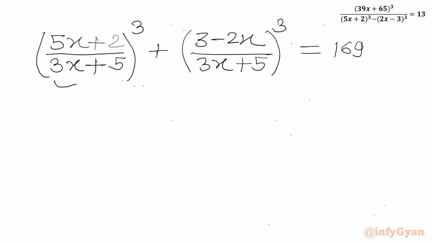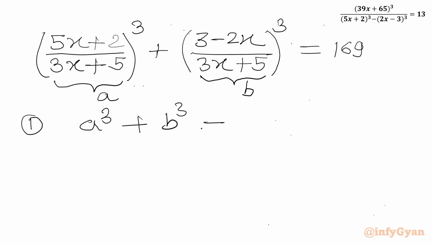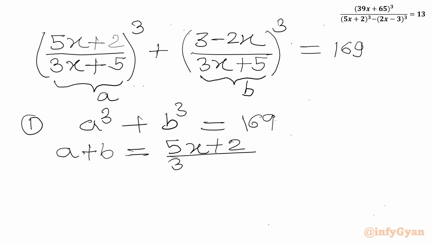Now we can consider our substitution. Let's say this bracket is A, this bracket is B. So the very first equation which we can write, A cube plus B cube equal to 169. Now I will calculate A plus B also. This will be equal to 5x plus 2 over 3x plus 5 plus 3 minus 2x over 3x plus 5.